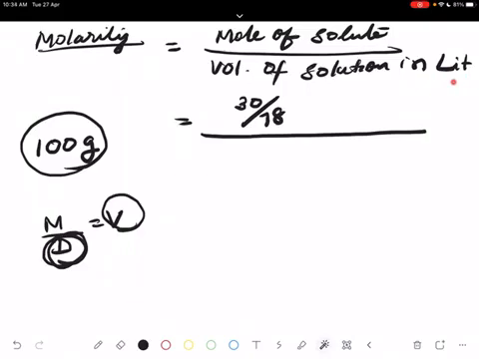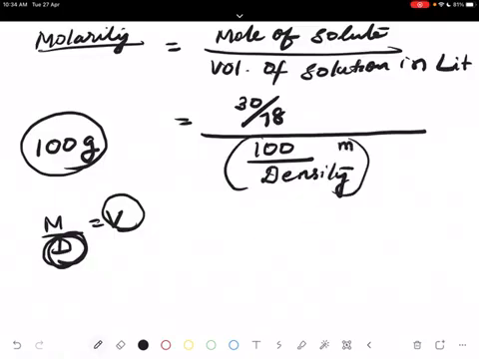Here in the previous question, they haven't given the density. If they give the density, you can write 100 gram upon its density, and this much is ml. If they give density in grams per centimeter cube or grams per ml, then the grams will get cancelled and you will be getting ml.